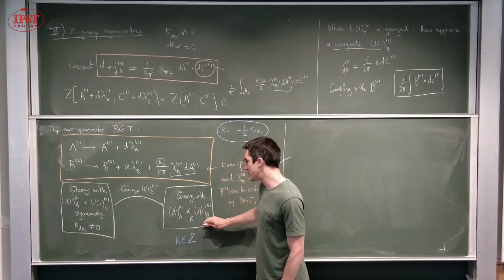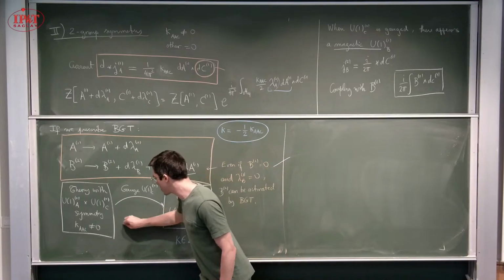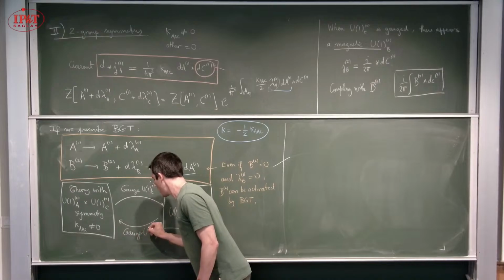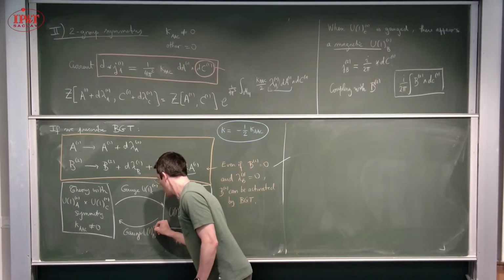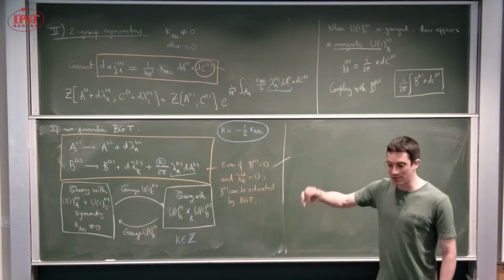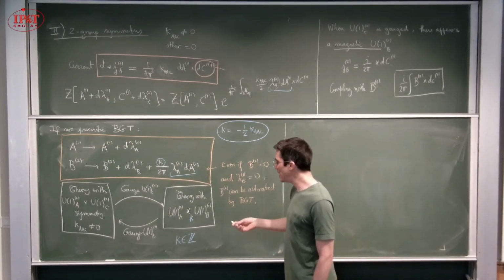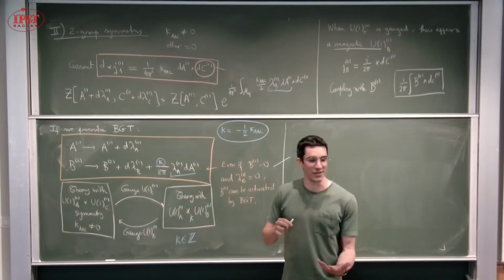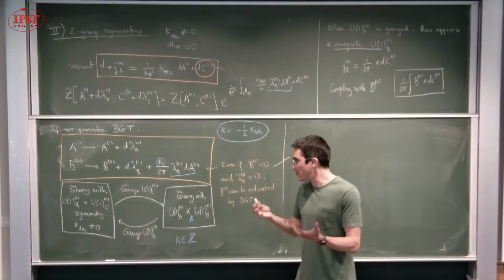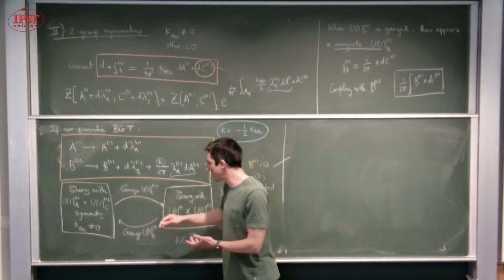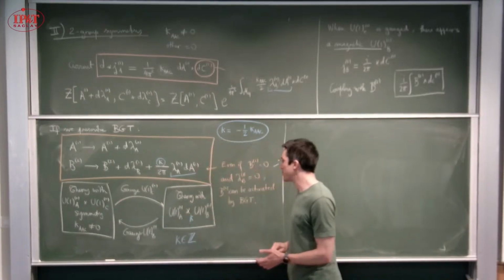Then just to complete the circle, if I gauge U1 B, I go back here. I will not really describe this, but that's to say that no information was lost. Gauging is a change of description, but the content doesn't change.